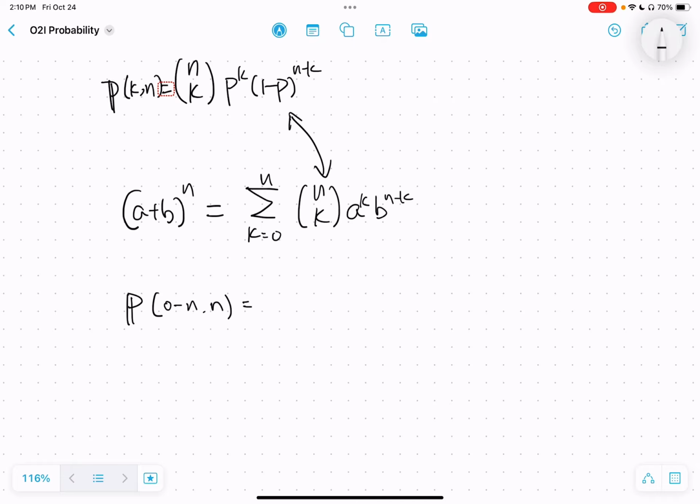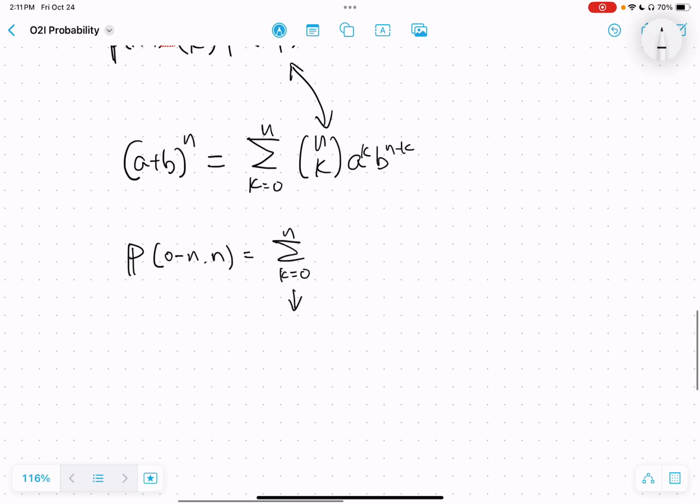What is that? Okay, so we have k equals 0 to n. This represents the sum of all possibilities from 0 heads to n heads.